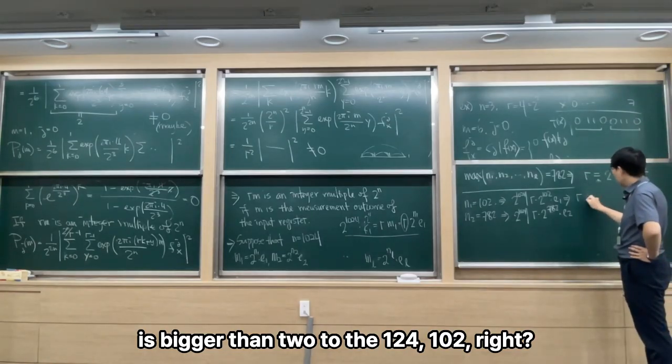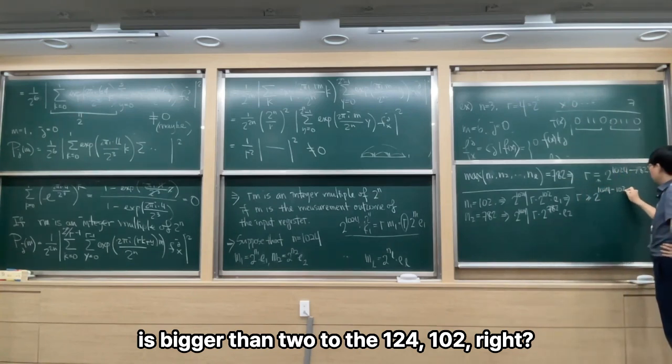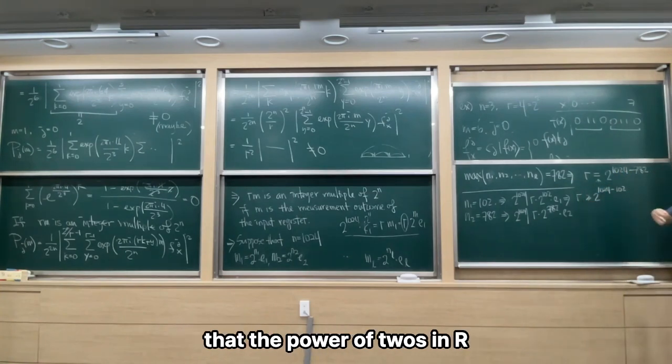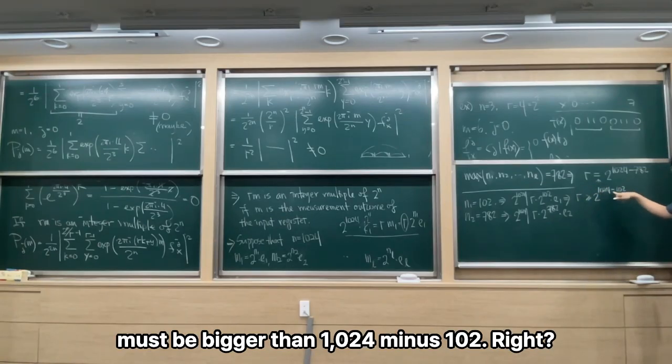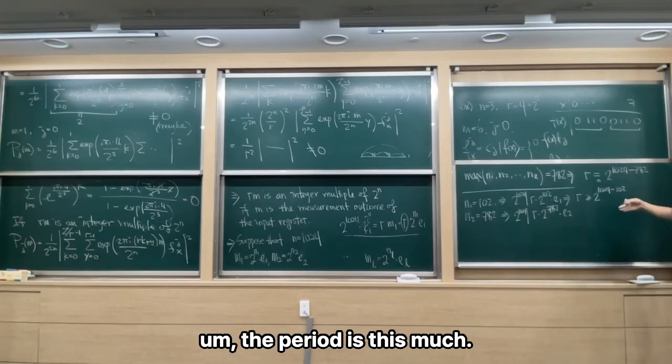So r in the first case is bigger than 2 to the 1024 minus 102, right? Bigger than means that the power of 2's in R must be bigger than 1024 minus 102, right? So at least I know that the period is this much.